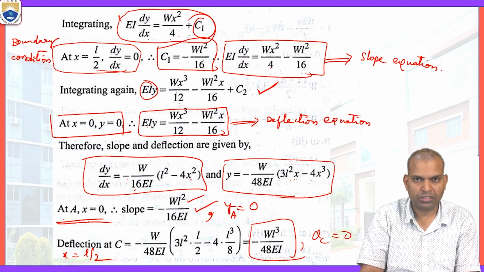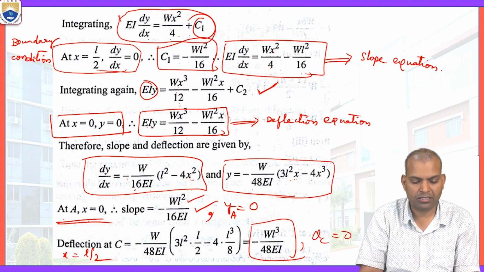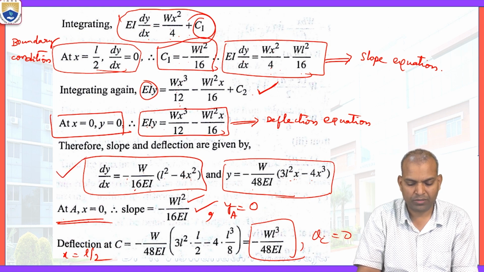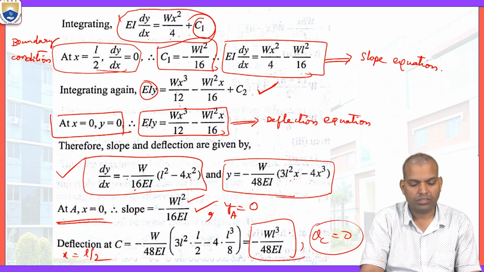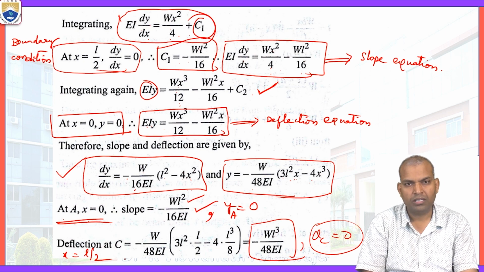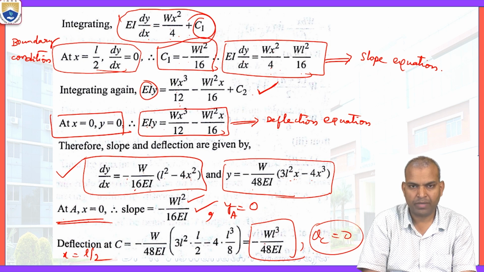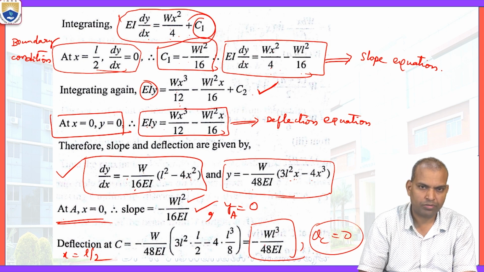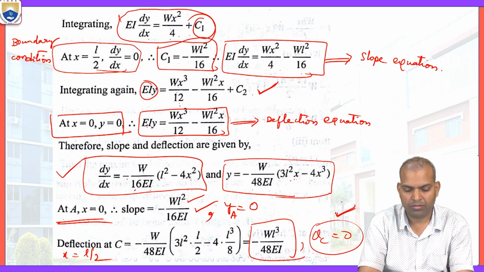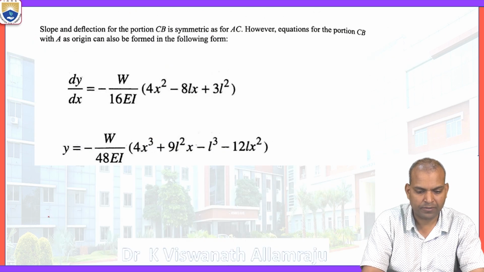With x equal to L by 2, L squared by 4, the 4 gets cancelled, L squared minus L squared becomes 0. So dy/dx becomes 0 at C. This is the deflection at C. At point C, the deflection value is the maximum where the slope equals 0.